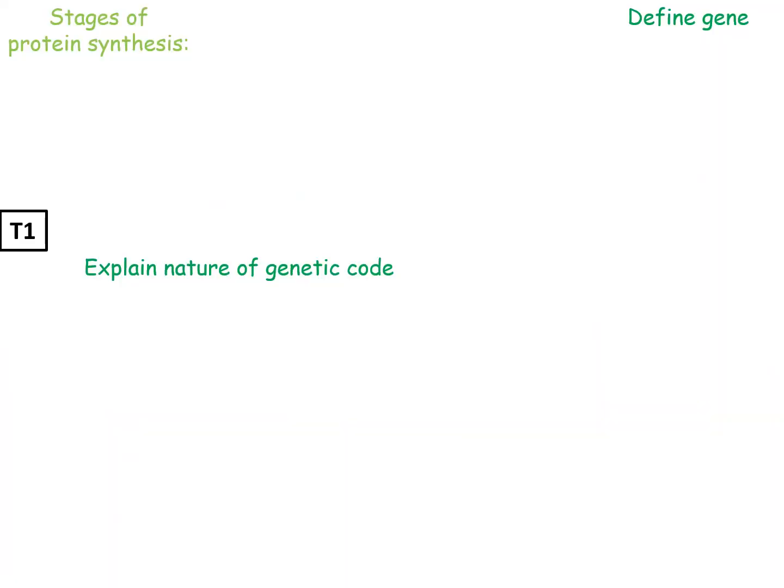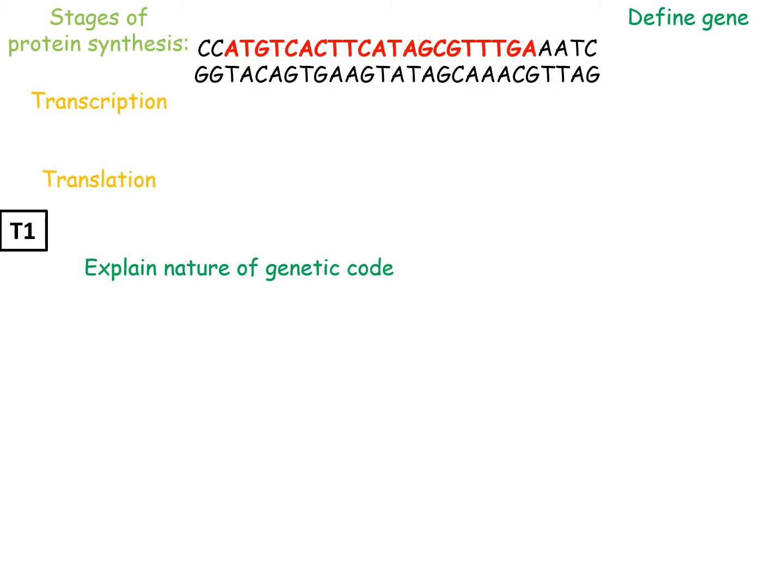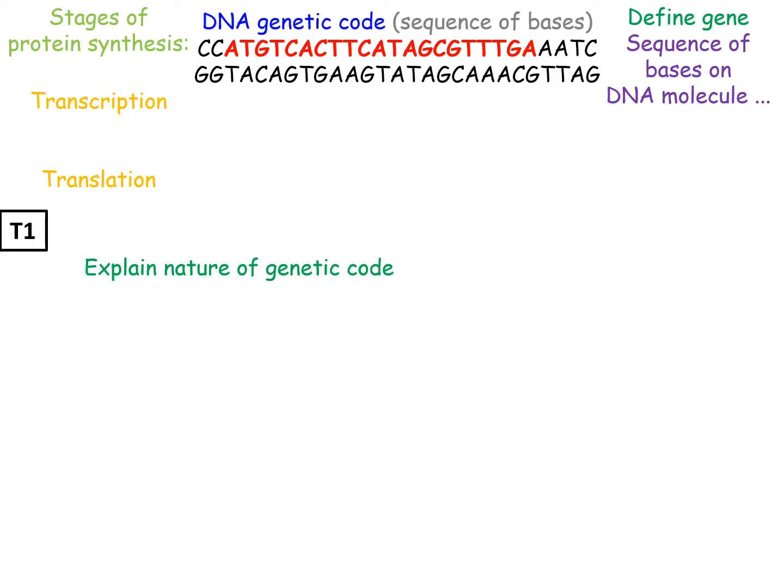So what were the stages of protein synthesis? We said that there was transcription and translation. So if we look at this gene here, a gene is realistically just a sequence of bases on a DNA molecule. That sequence of bases is the DNA genetic code, because it gives you the instruction to put amino acids in order.